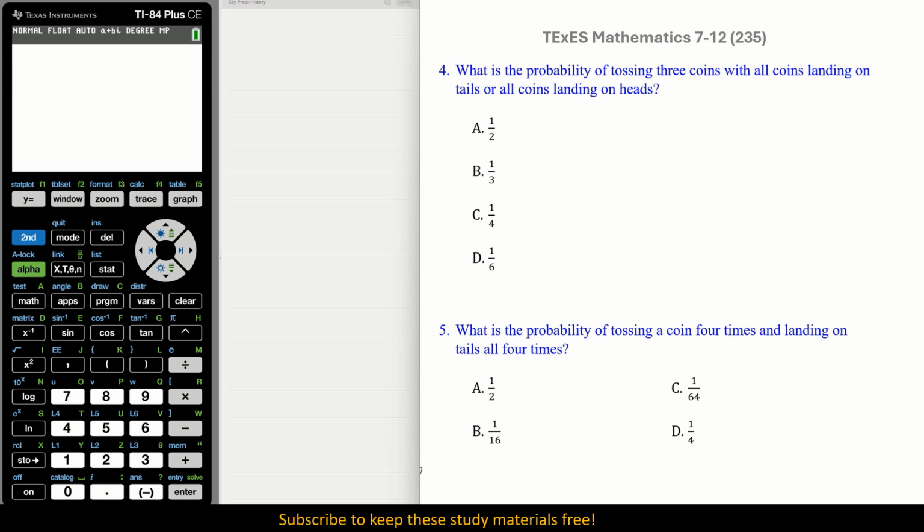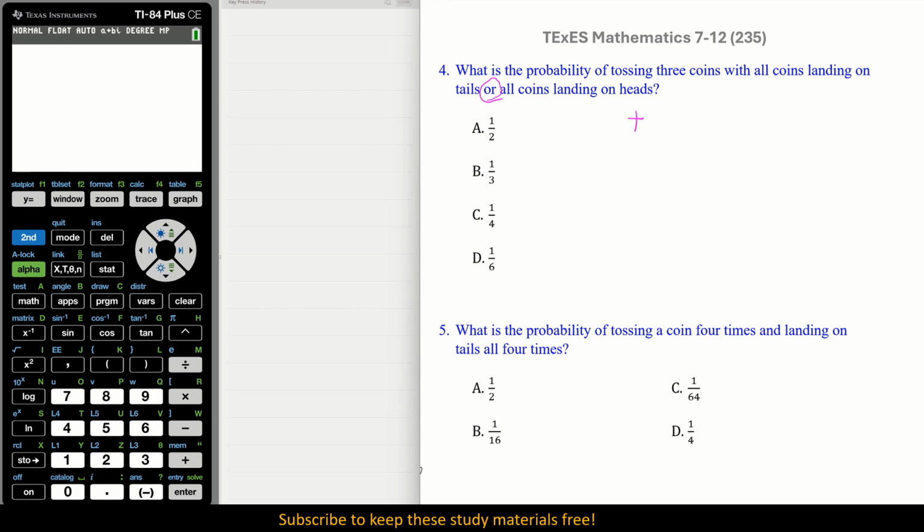Number 4, what is the probability of tossing 3 coins with all coins landing on tails or all coins landing on heads? When it says or, we know that's going to be a situation where we're going to add. First, we have all 3 coins landing on heads.